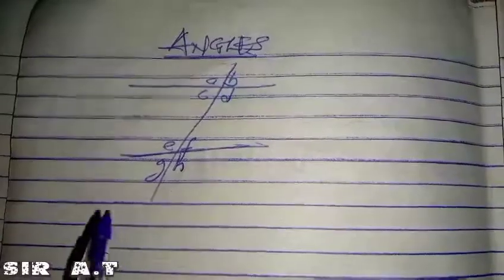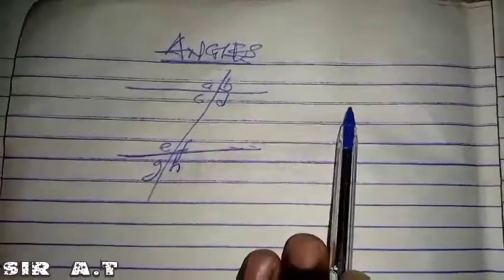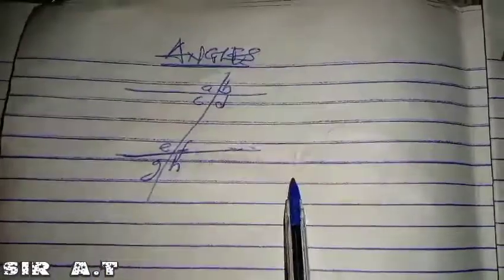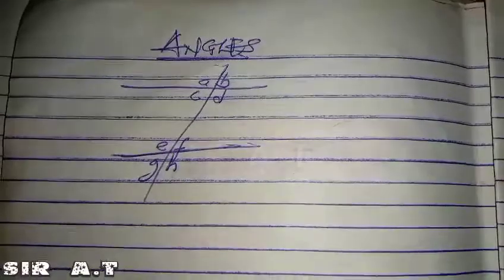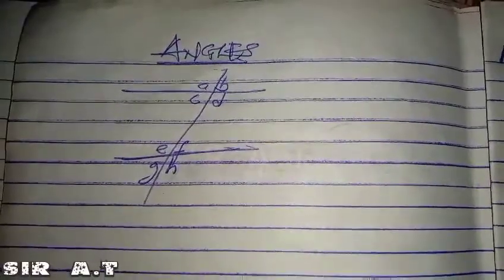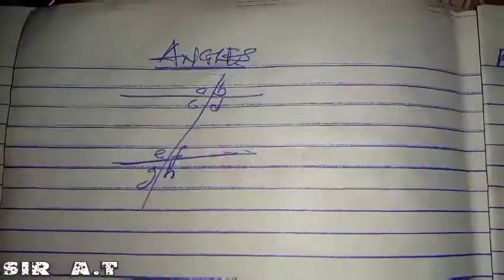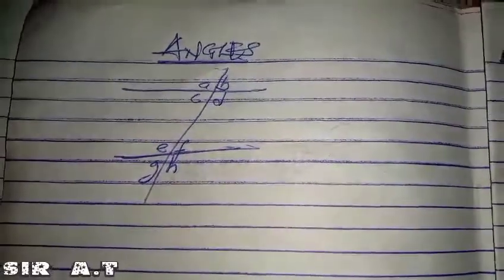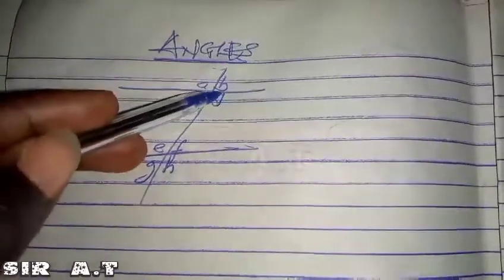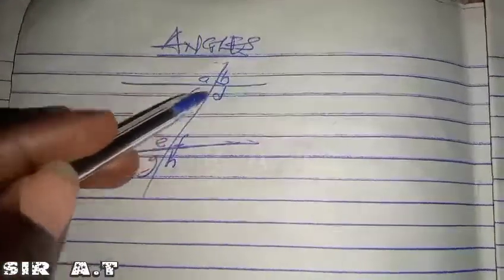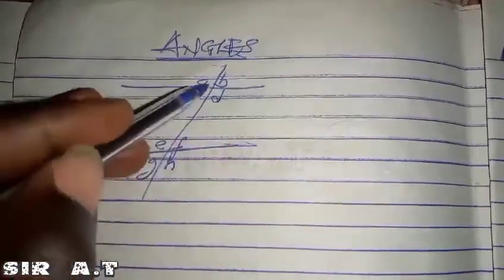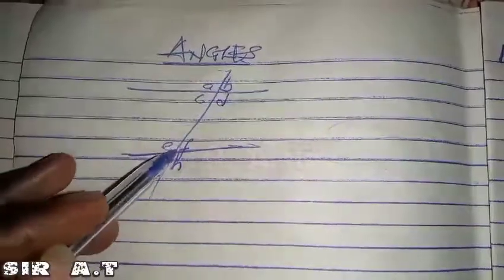So we are back with the same parallel lines and then a transversal. Now the first thing to look at is the co-interior angles. So we have D here, then we have F here. When you put these two angles together, you should get 180 degrees.